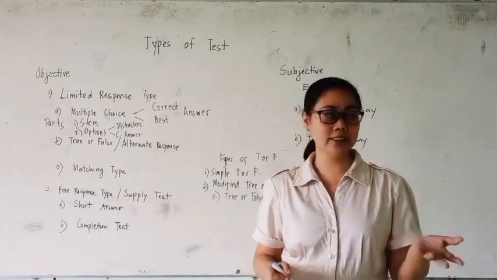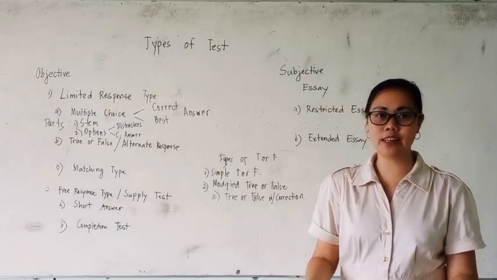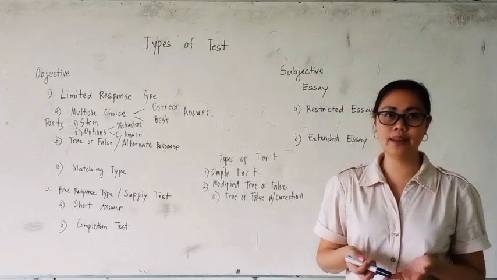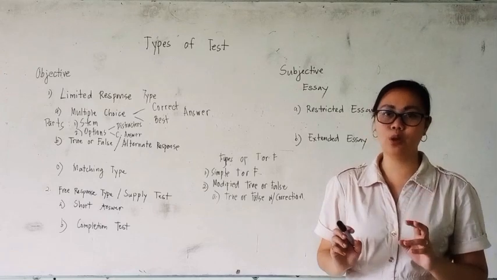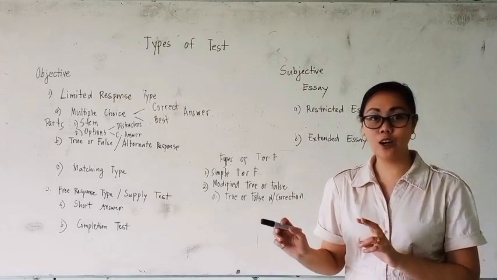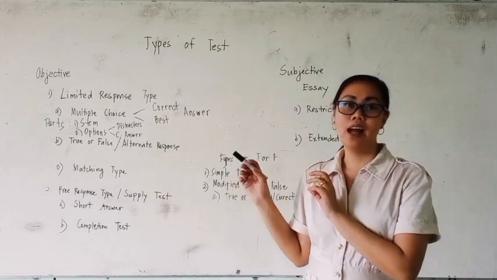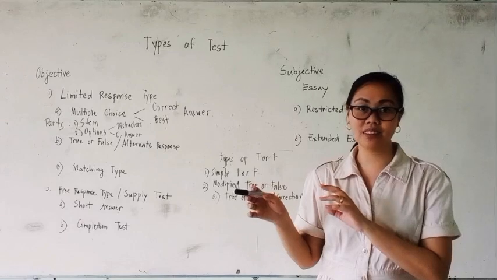Your teacher would be asking, right? The direction is like this. True or false, write true if the statement is correct. And if it is false, underline what makes it false and write down the correct part or the correct response or the correct statement. Okay?